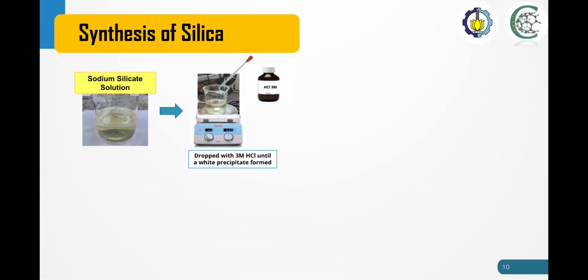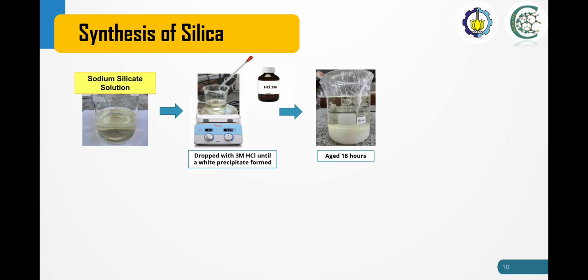And then the process of synthesis of silica. Sodium silicate solution will be dropped with 3 molar hydrochloric acid until a white precipitate forms. Then aged until 18 hours.